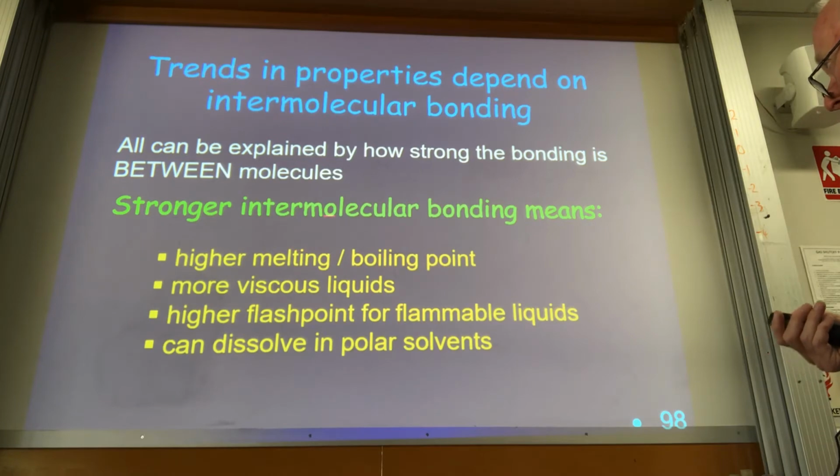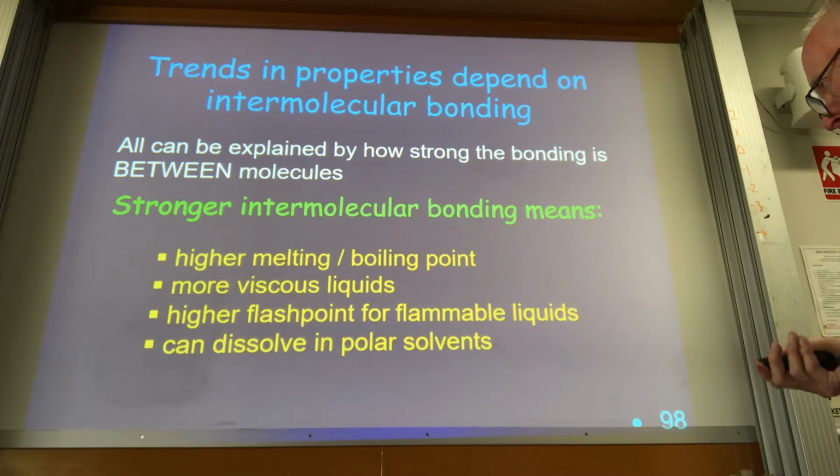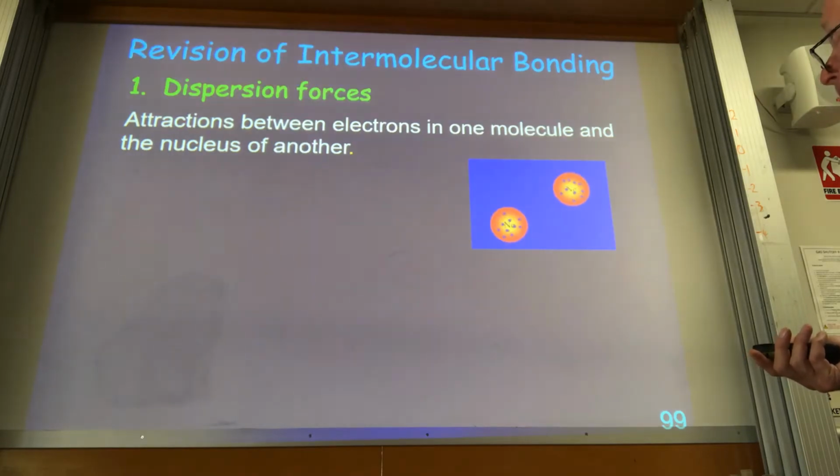So stronger intermolecular bonding means higher melting and boiling point, means more viscous liquids, means higher flash points for flammable liquids. You have to heat it higher before you get enough vapour to sustain ignition. And stronger intermolecular bonding is going to be caused by polarity, which ends up resulting in solubility in polar solvents.